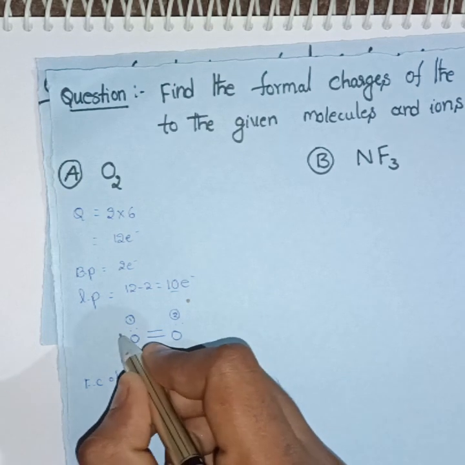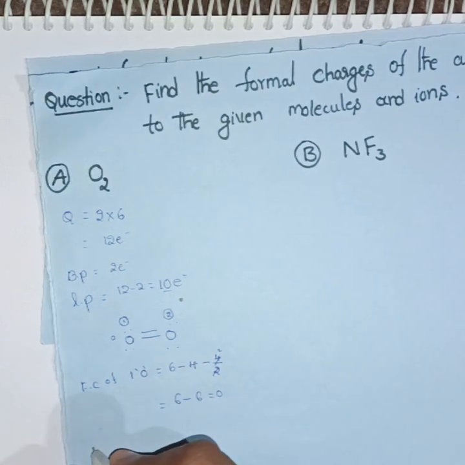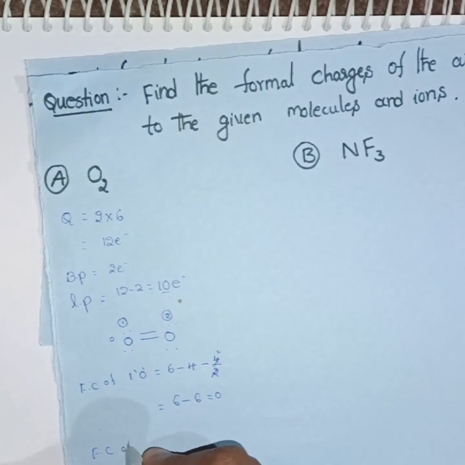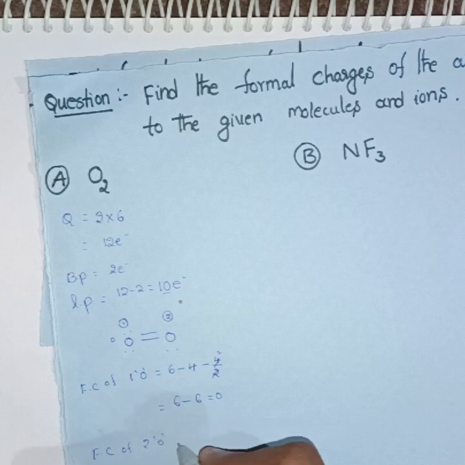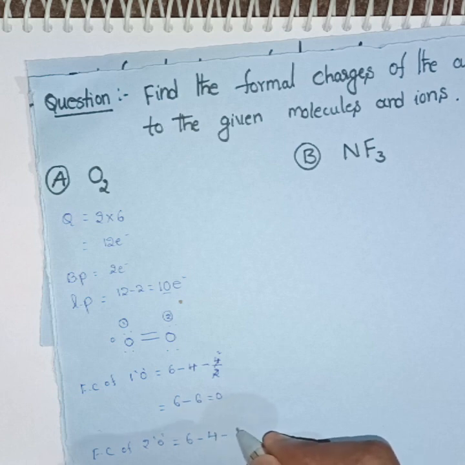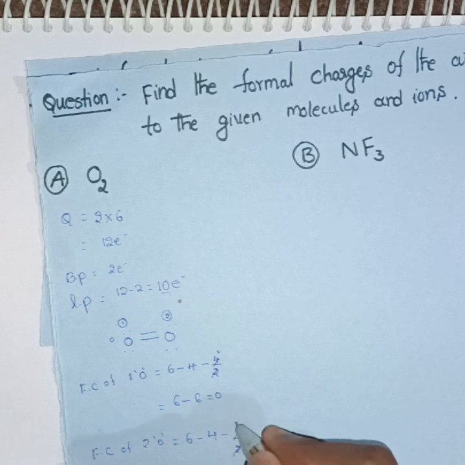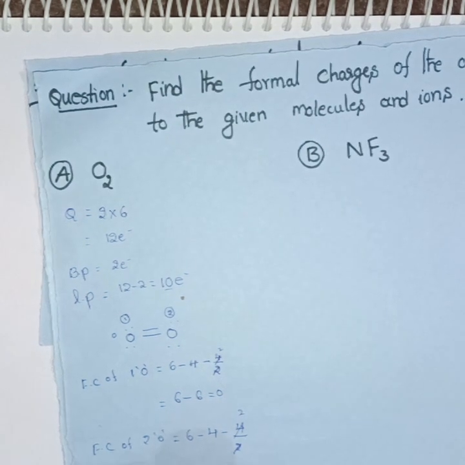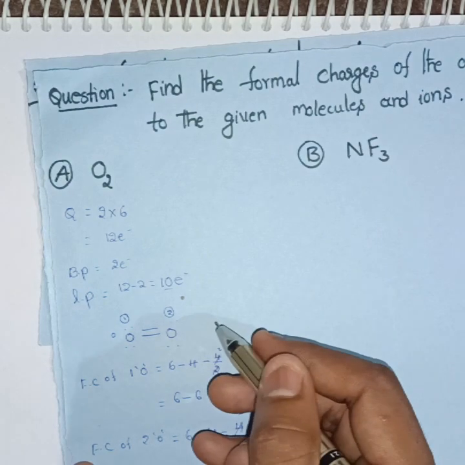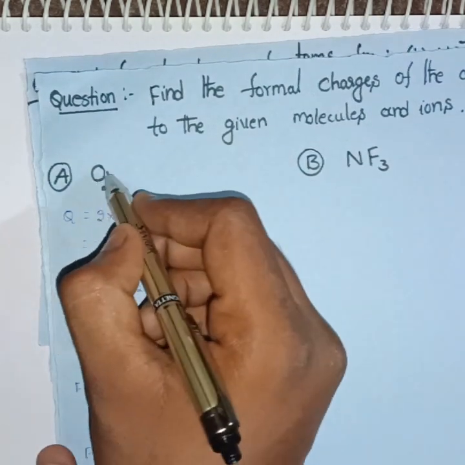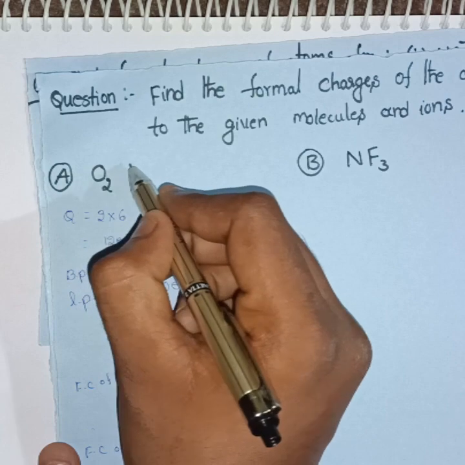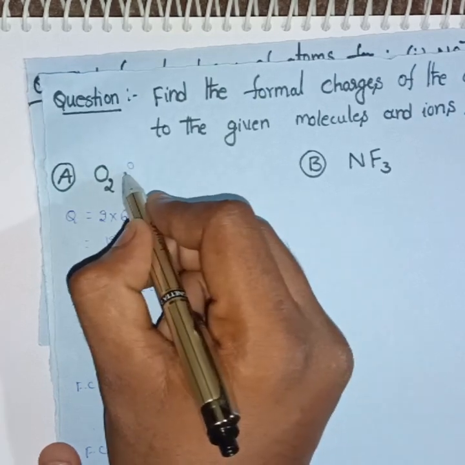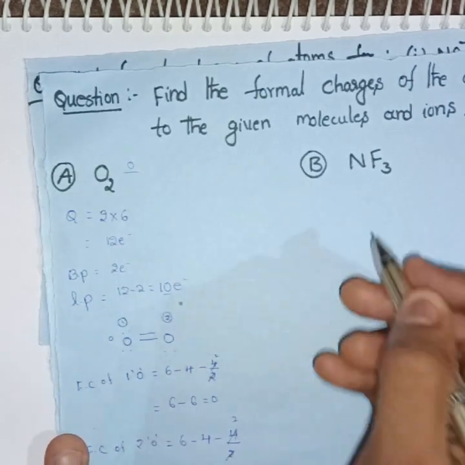Formal charge of first oxygen is 0. Formal charge of the second oxygen atom: here also 6 valence electrons minus 4 lone pair electrons minus 4 bond pair electrons by 2. There you get the same as above, the value 0. So the formal charge of this oxygen atom is 0. The whole charge of the oxygen molecule is 0.